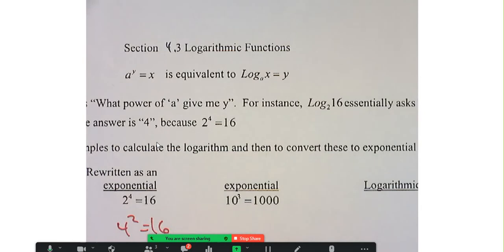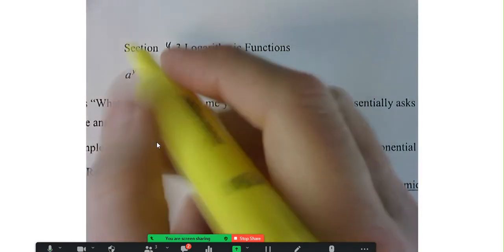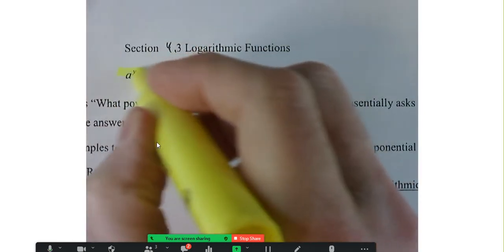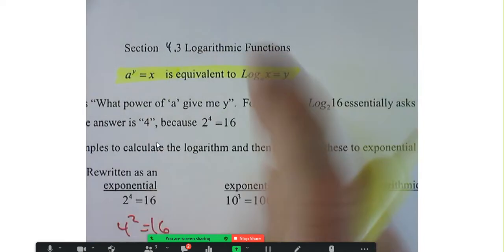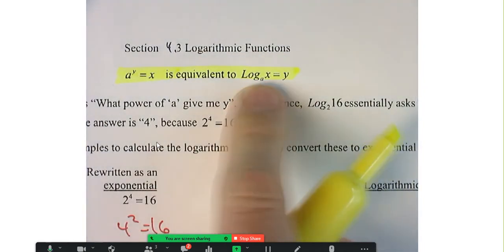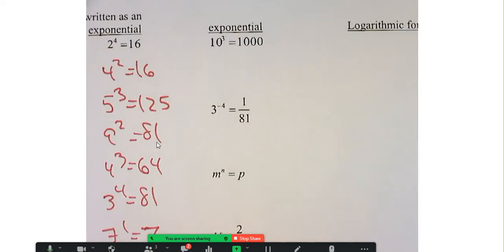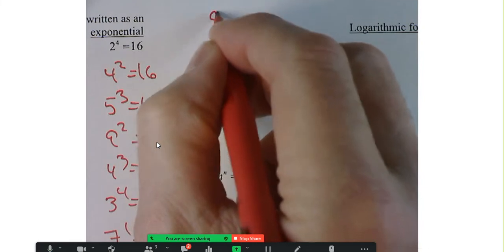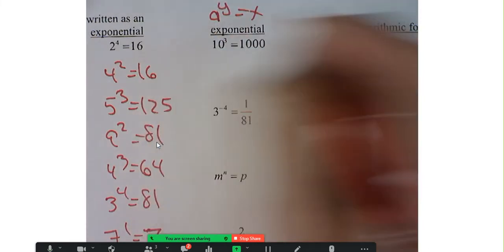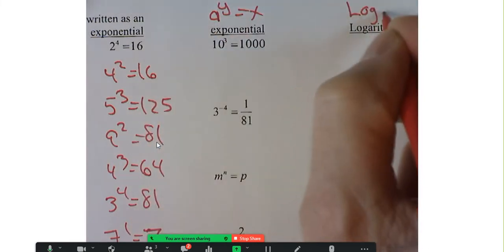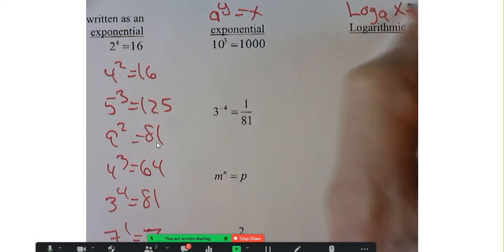And that is this stuff up here. A to the y equals x. That's equivalent to log base A of x equals y. So let's see if we can't just rewrite that for ourselves. It's going to be A to the y equals x, and log base A of x equals y.